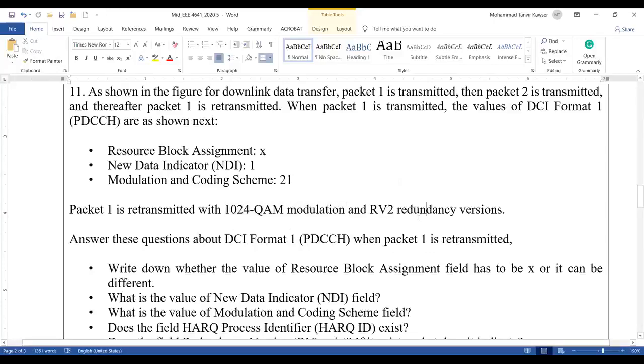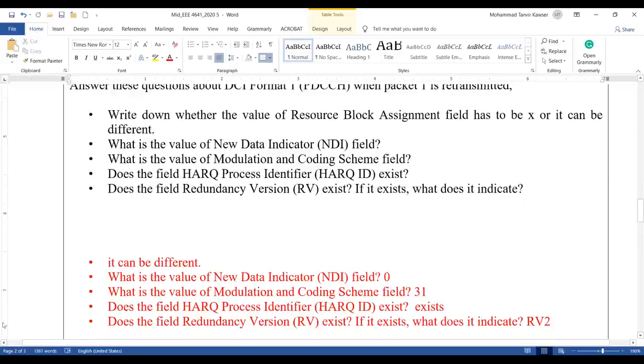Over these two things you have control. You can change them at the time of retransmission, and the resource block positions can also be changed. So we discussed that these three things you can change. The resource block assignment can be the same or it can be different.